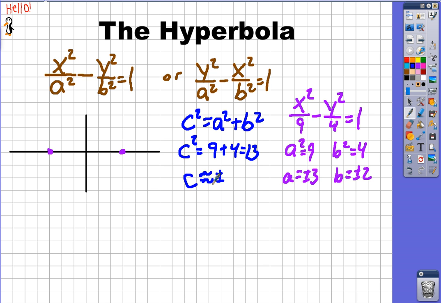And if we use our calculator really quickly, we find that the square root of 13 is approximately 3.6. So I'll put that in there, 3.6, which means if we go out 1, 2, 3.6, there's a focus, 3.6, there's a focus. And now the shape of the hyperbola actually looks like this.